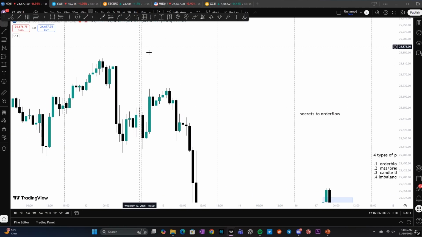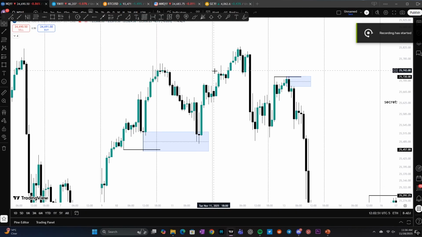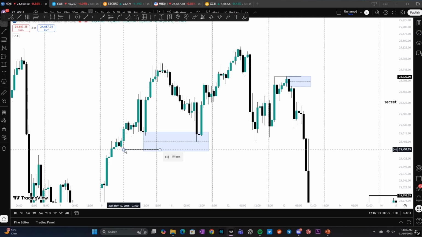I can show you more examples of this. You can see the Asia session taken out by the London session 1 a.m. candle. The London session is taken out by the New York session and price displaces upward.